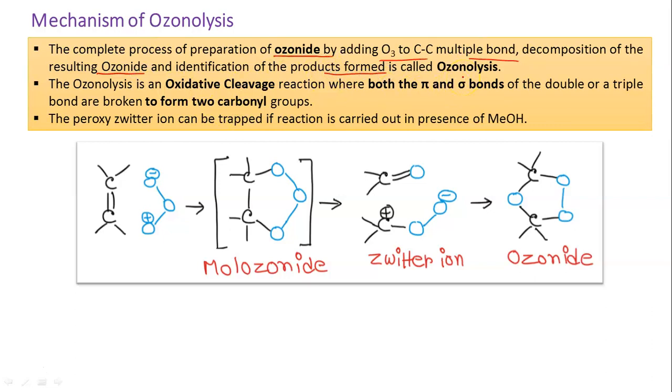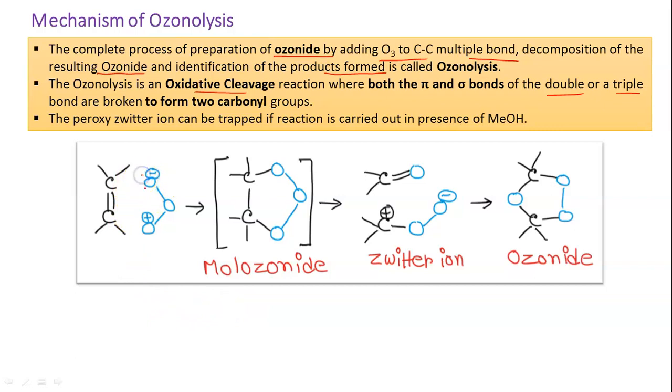All these together will be known as ozonolysis. And this is also oxidative cleavage, as we have mentioned in the previous slide, where both pi and sigma bonds are broken. It may be a double bond as well as a triple bond. So here we will see the mechanism in case of alkene, but we will also see it for alkyne, that is CC triple bond. So first there is addition, that is 1,3 dipolar addition.